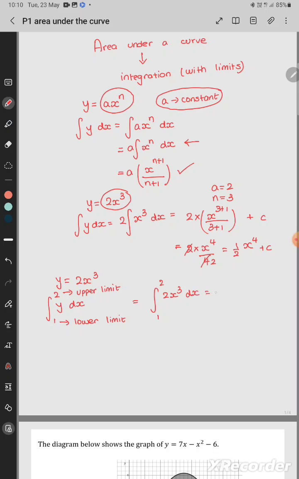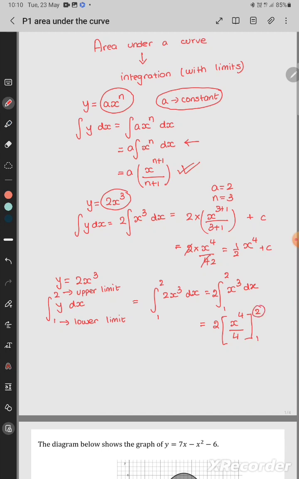Same concept, 2 is a constant, so we can put that outside the integral sign. So 2 integral from 1 to 2 of x cube dx. We are going to use this formula again. So that will leave us with 2x to the power of 4 by 4. This time we have to put square brackets and write the limits on this side.